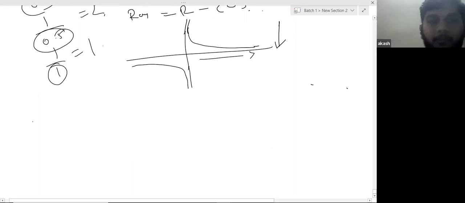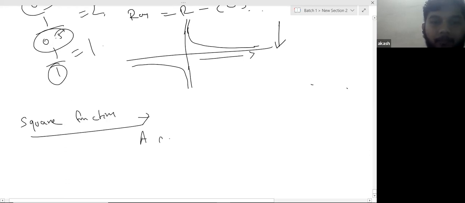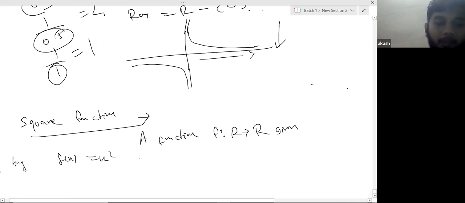Square function. A function f from R to R given by f of x equals to x square is called square function, right?